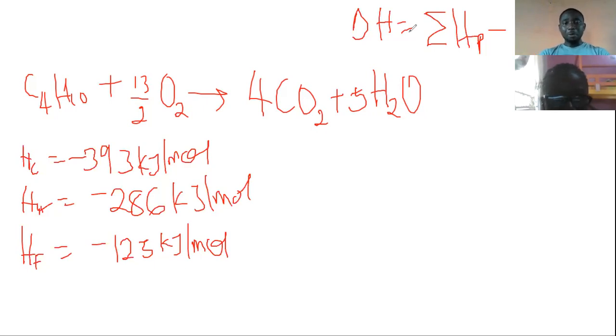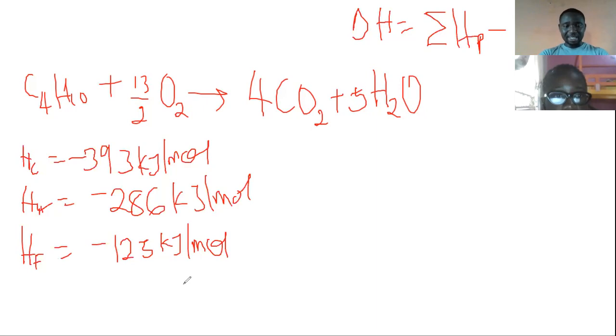Because what they asked us to find was the heat of the reaction, which is delta H. Actually, the heat of formation will be in the reactant, because we are talking about heat of formation of butane.